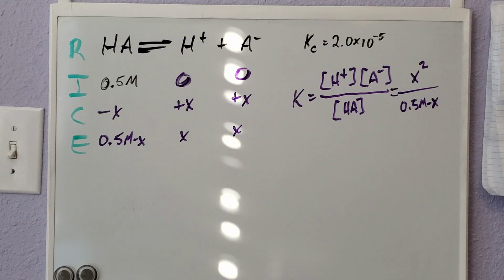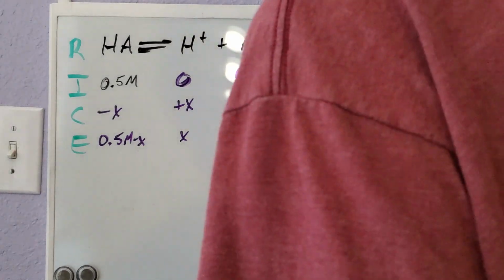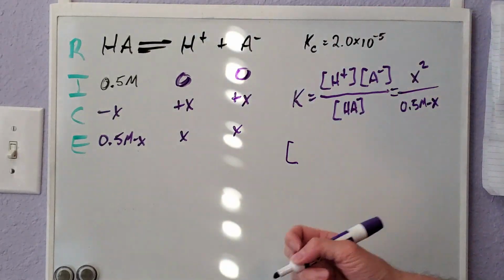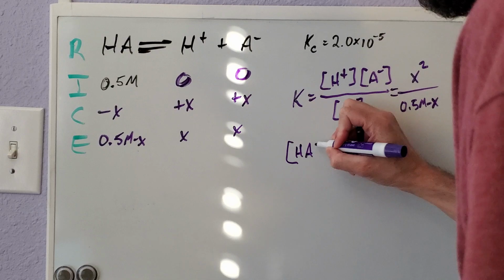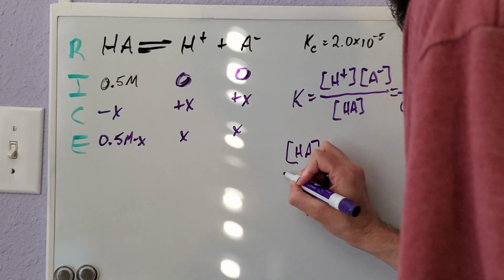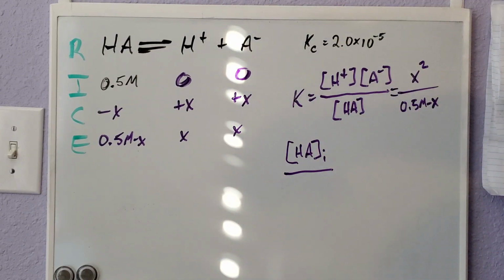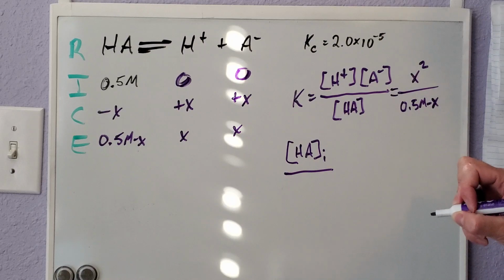And so, one way to double check and make sure you're not going to completely screw up your math later on is to use an equation. The book has a different equation than what I'm about to tell you. But you use your initial concentration, in this situation HA initial, over your Kc.